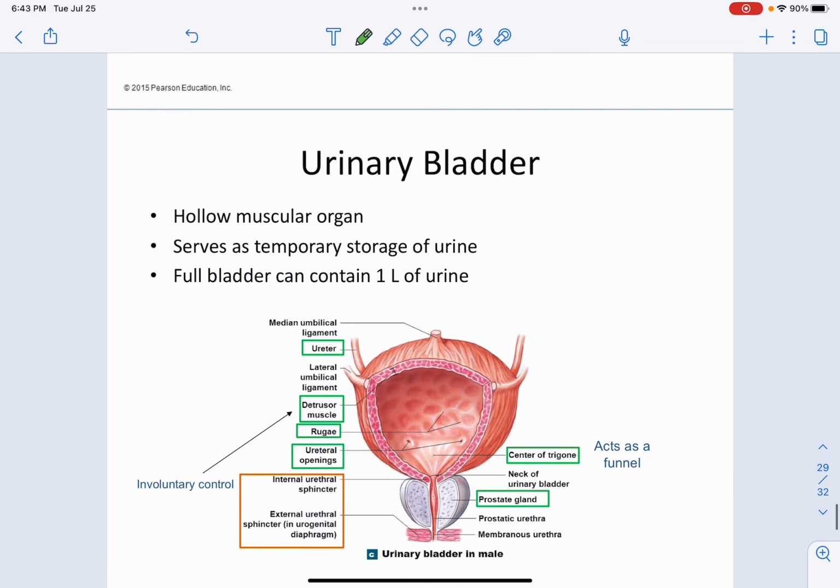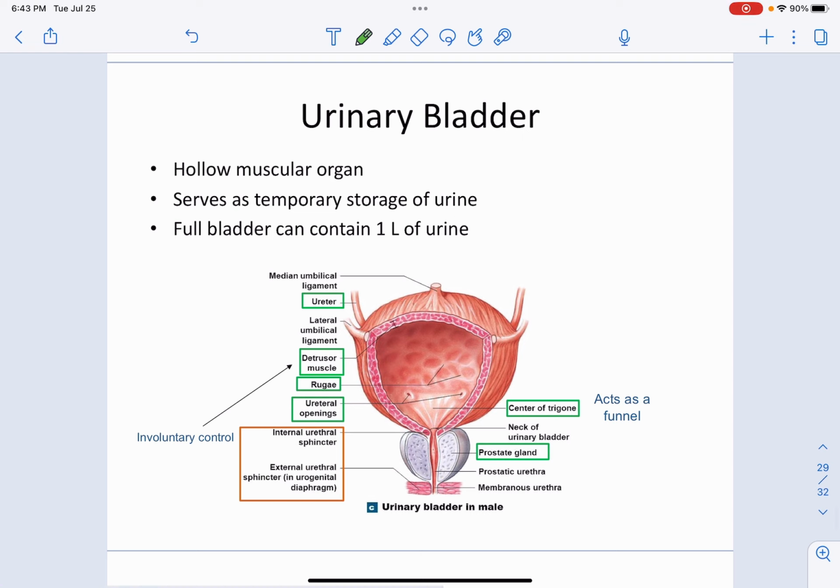All right, so let's discuss the anatomy of the bladder. It is a hollow muscular organ. I have boxed the terms that I want you to know. It serves as a temporary storage for urine, and a full bladder can contain almost a liter of urine.